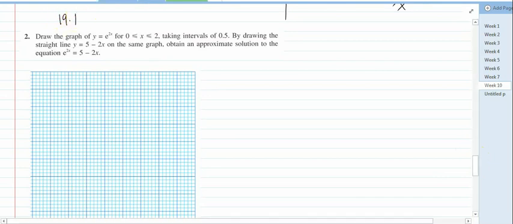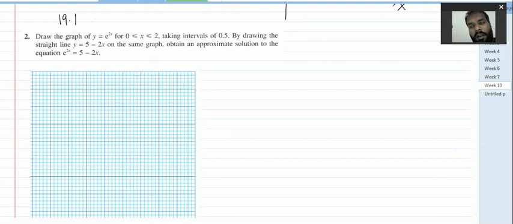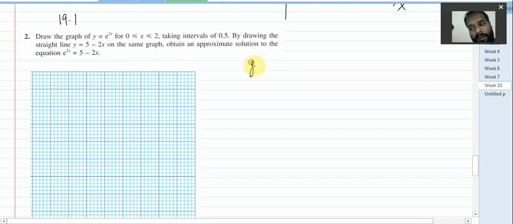It's question number 2. It says draw the graph of y equals e to the power 2x for x from 0 till 2. So you have the values of x from 0 until 2, taking intervals of 0.5.